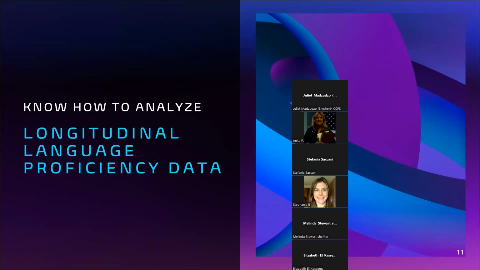As I was talking about the English language proficiency scores, again, knowing how to find that longitudinal data. Looking at one score is going to give you a picture. That picture is going to be a little skewed depending on your point of view.